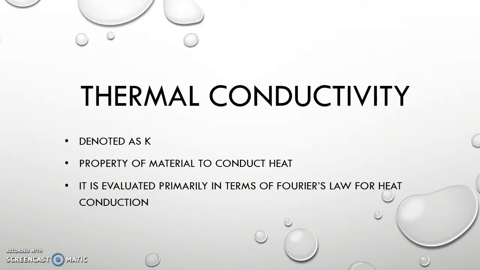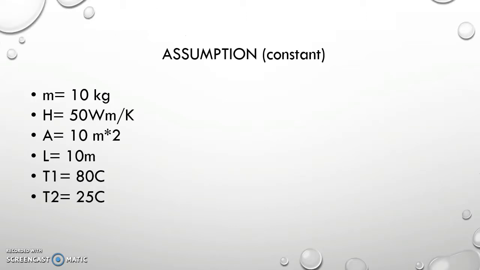Thermal conductivity. Thermal conductivity is denoted as k. It is a property of a material to conduct heat, and it is evaluated primarily in terms of Fourier's law for heat conduction. There are some assumptions that had been made in this question, which are constants.